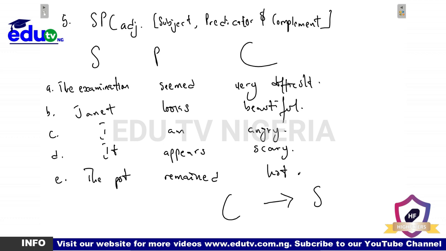This time around, we can't say the subject is the complement or the complement is the subject, because the complement is not a nominal item. And since it's not a nominal item, it can't be found at the subject position. Do you get it? So we can only say that the complement intensive refers to the subject. So it's as simple as that. So that's pattern 5 for you.